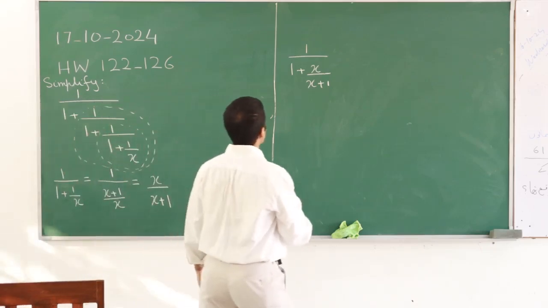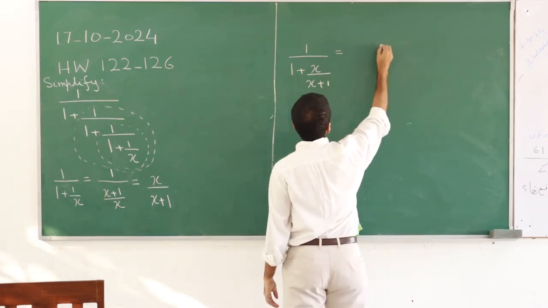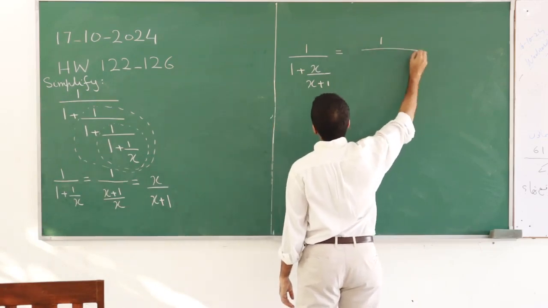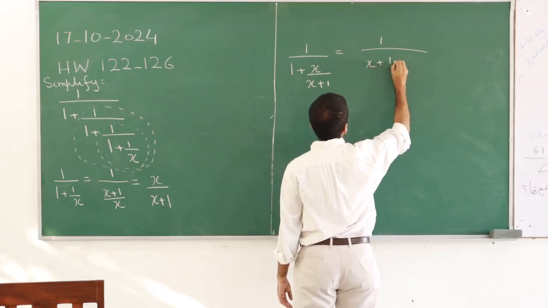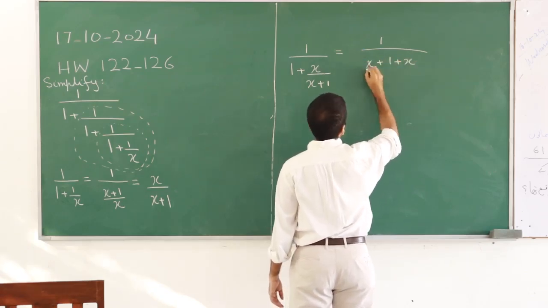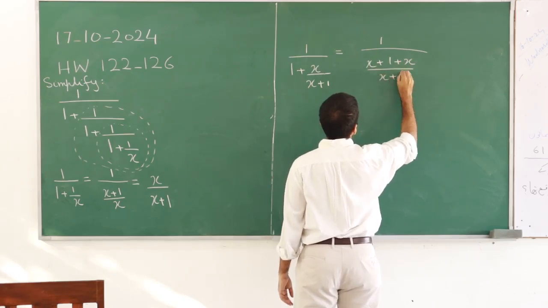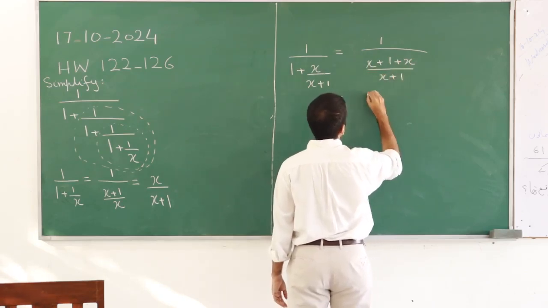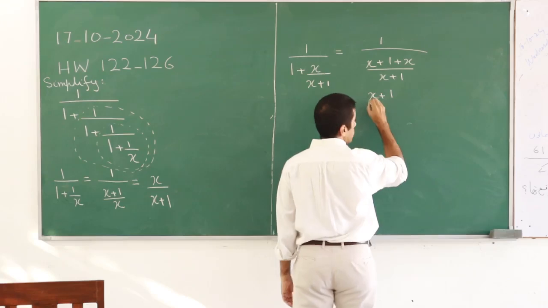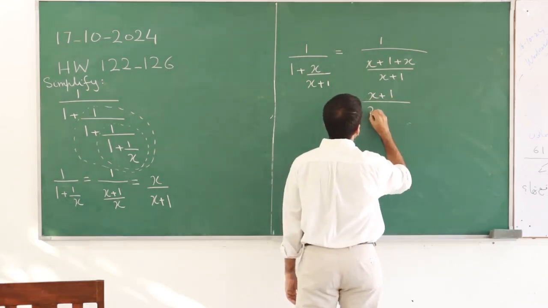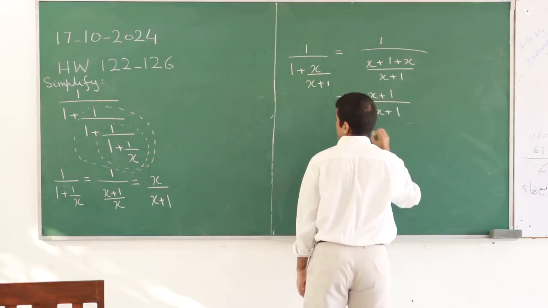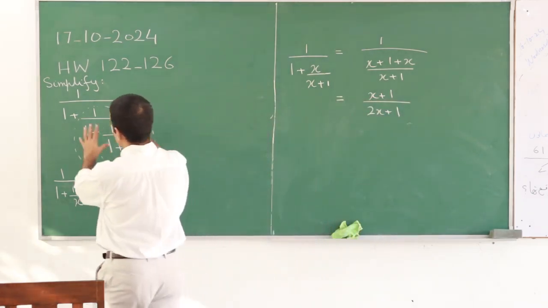So now I'm going to do this part, which is going to be equal to 1 over x plus 1 plus x over x plus 1, which will be equal to x plus 1, thank you, I can do it myself, you don't need to tell me, over 2x plus 1. Right? So now I'm done with this part.